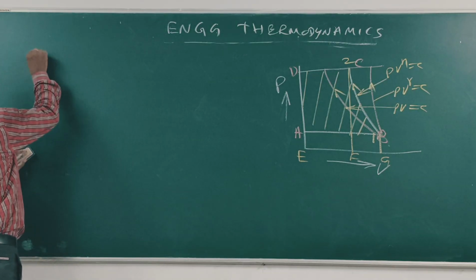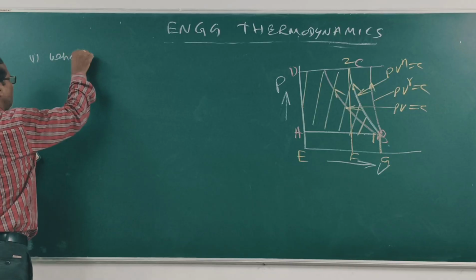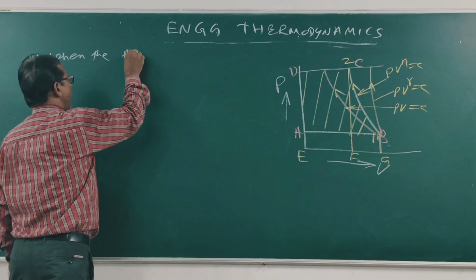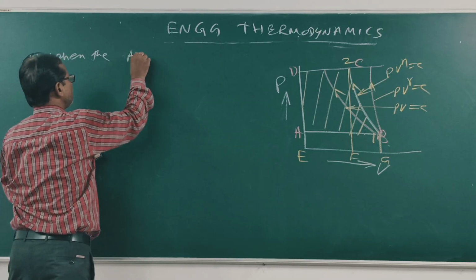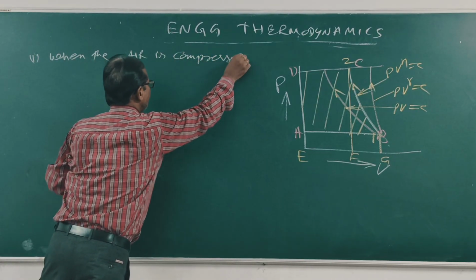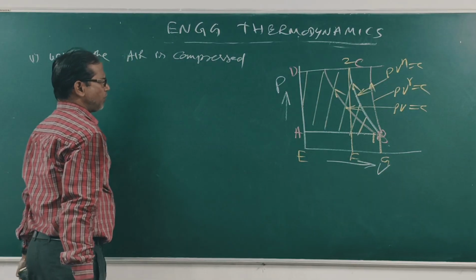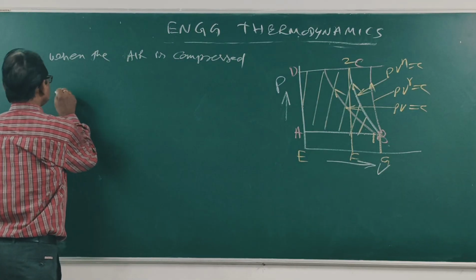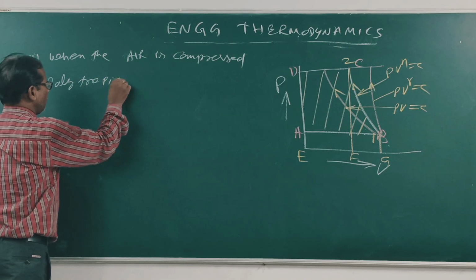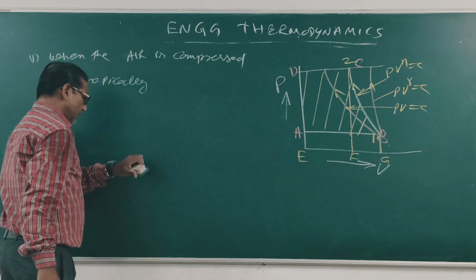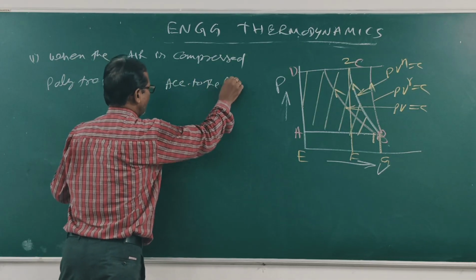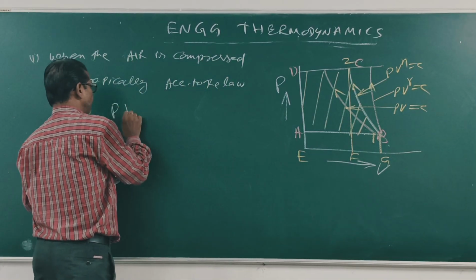Case 1, when the air is compressed polytropically according to the law PV^n constant.